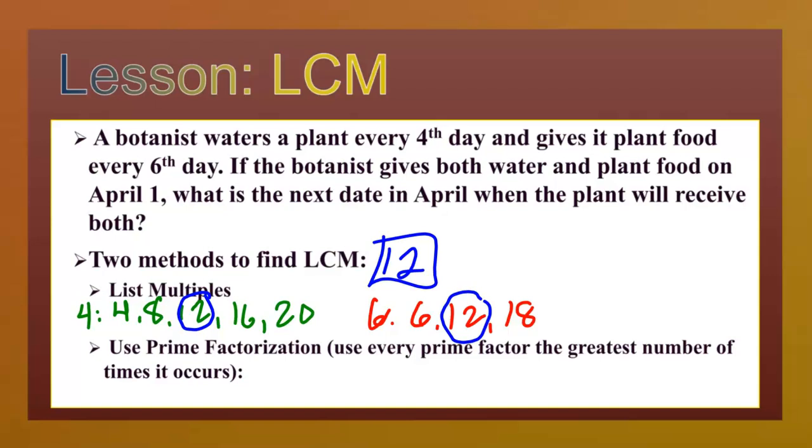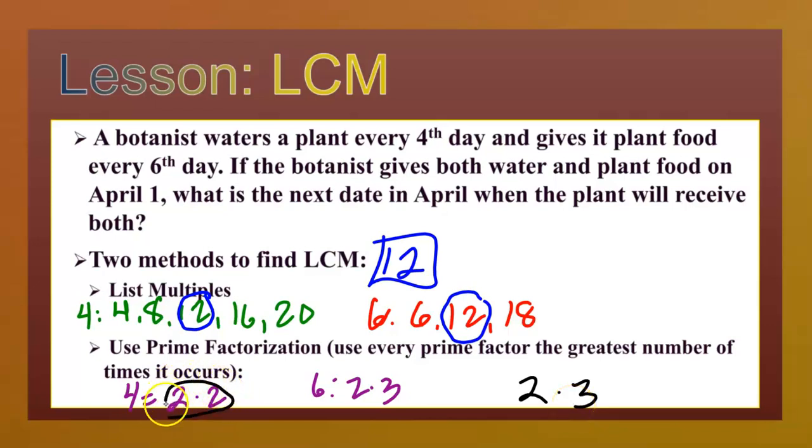Another method is using prime factorization. And then you're going to use every prime factor the greatest number of times it occurs. So if I have 4, this is 2 times 2. And if I have 6, that is 2 times 3. Now, if I look at the factors of each of them, I have 2 and I have 3 as my factors.